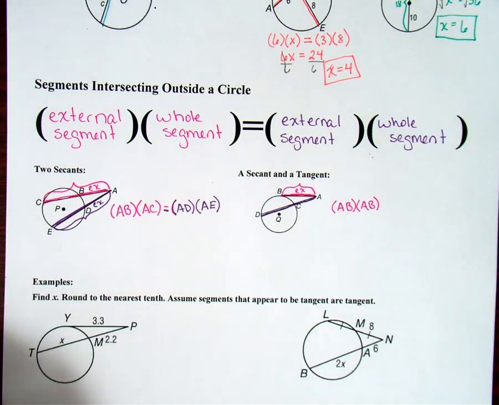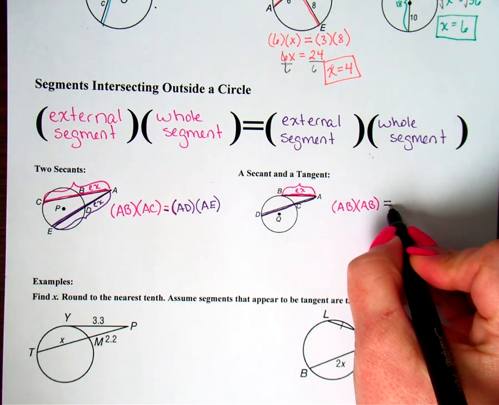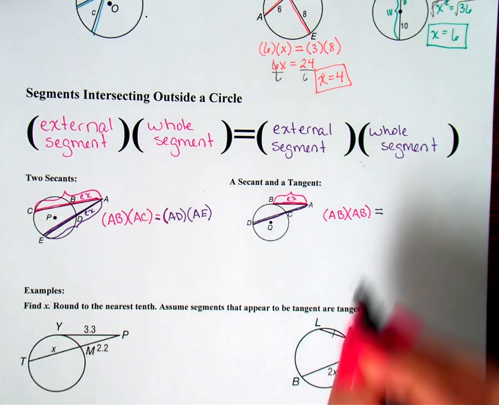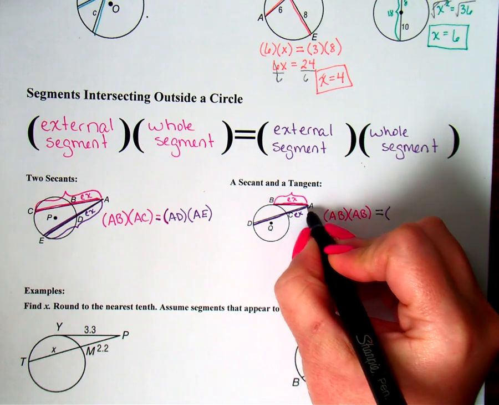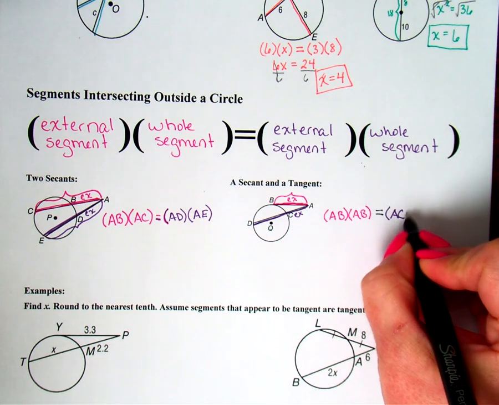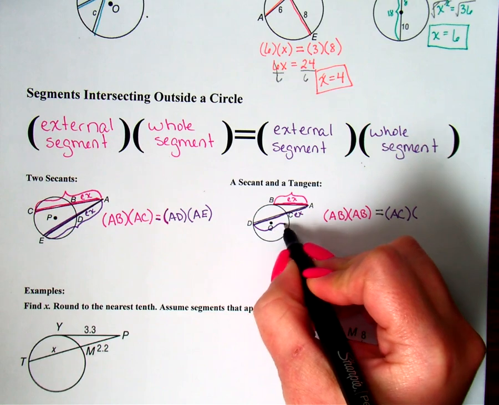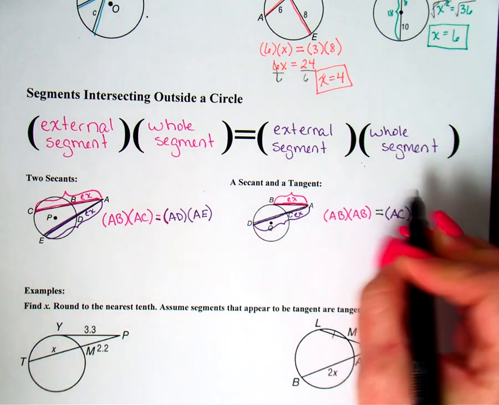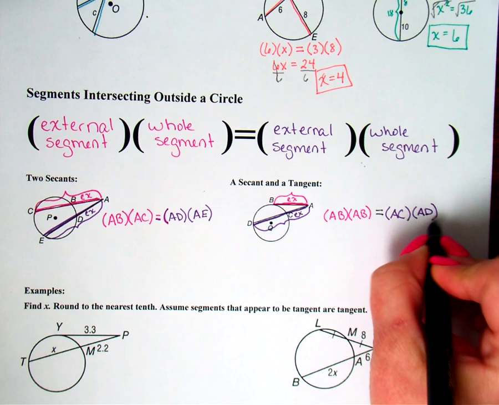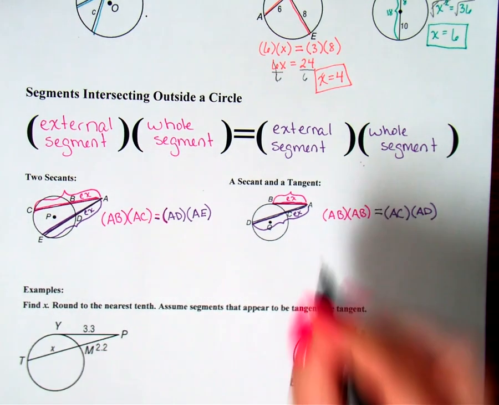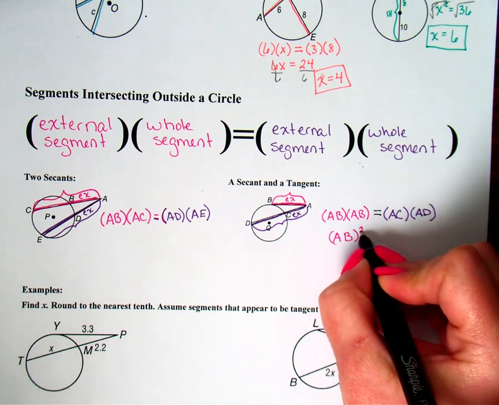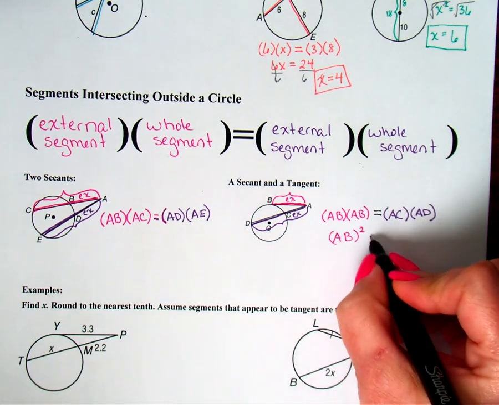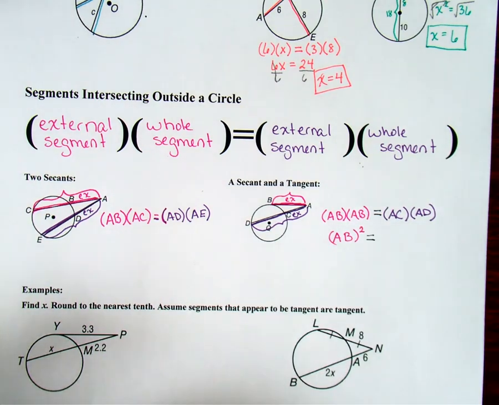And that's going to equal the other side: my external AC times my whole AD. When you're solving this one, you can say this is really AB times itself, so this is really AB squared, which we know is going to be equal to AC times AD.